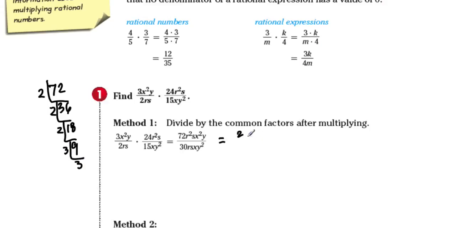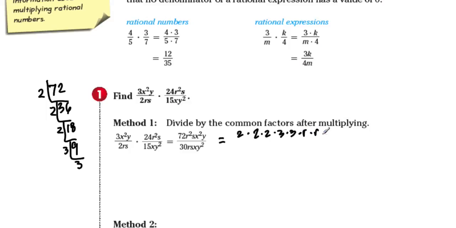So this would be 2 times 2 times 2 times 3 times 3, okay? And then simply expand on your r squared. Let's just expand it so it'll be easier for you to follow.